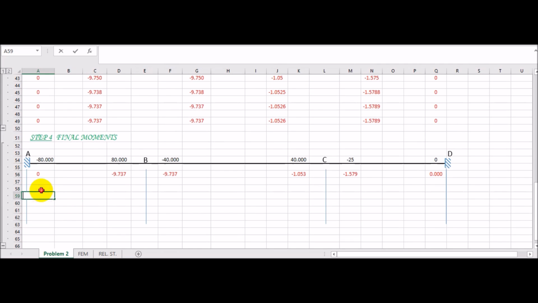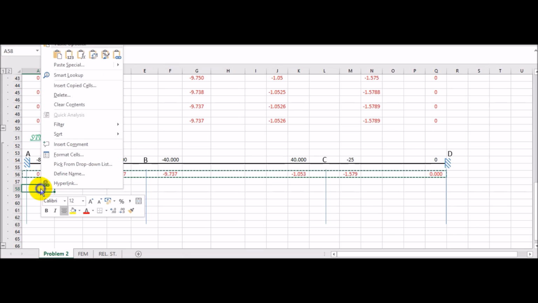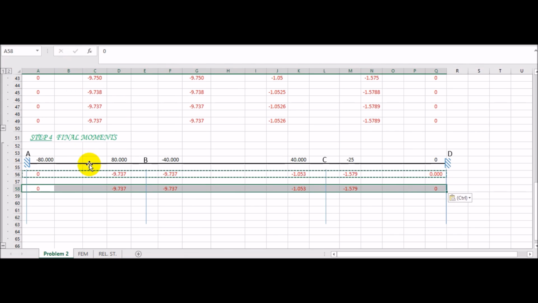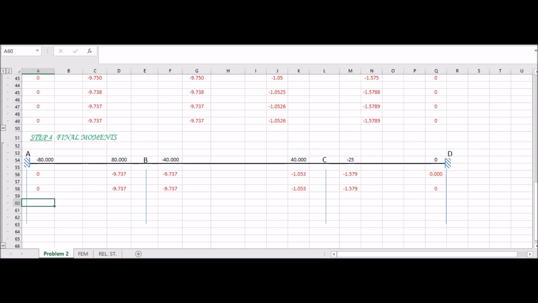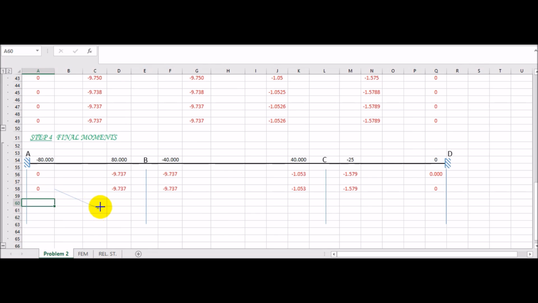Your next step would be just to copy all these values and write them again. Very simple, just copy them and write them again. That's it. And now the next step is to take them across each other.